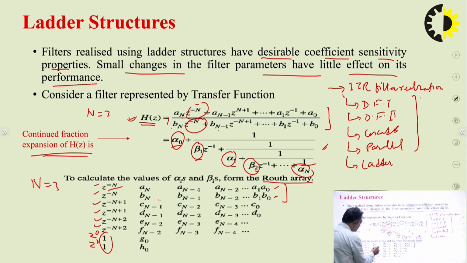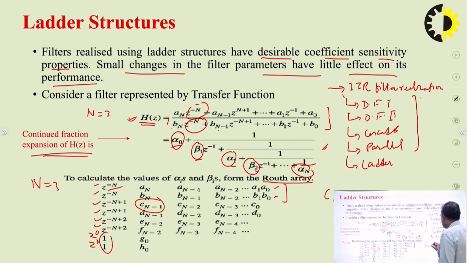If we have to calculate Cn minus 1, how will we calculate it? Cn minus 1 will be equal to bn into a of n minus 1 minus an into b of n minus 1, upon bn.